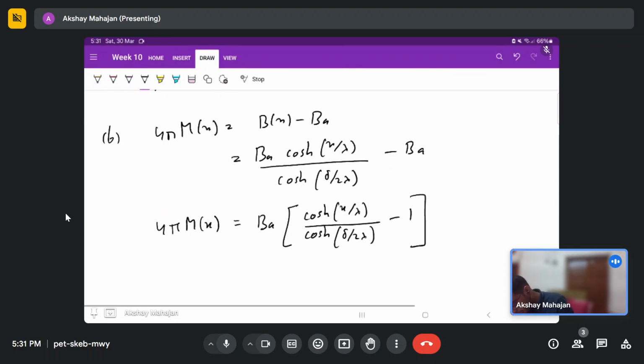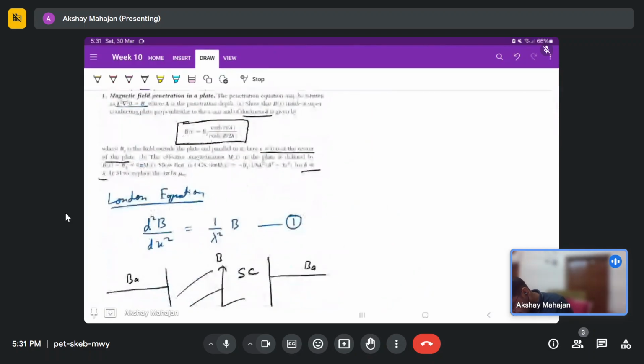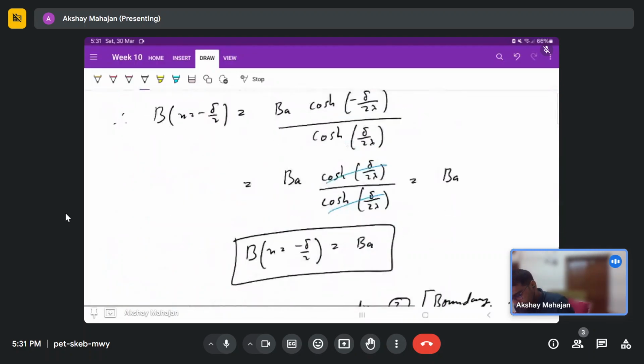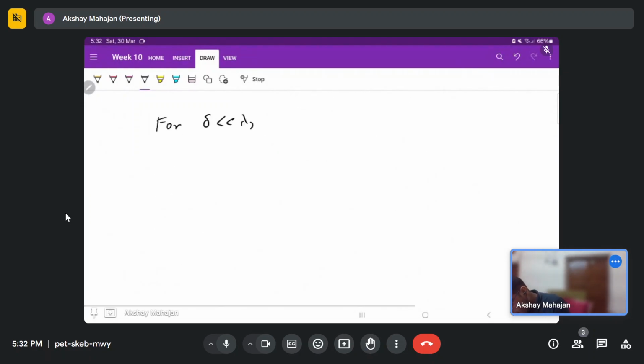And in this part B, the condition is given to us. We have to take the condition that delta is much less than lambda. Basically for delta much less than lambda, we can write this cosh(x/λ). Now x is between minus δ/2 and δ/2 for the superconducting plate, and if delta is much smaller than lambda, then x is also going to be small, and we can approximate it as 1 plus half of (x/λ) whole squared.